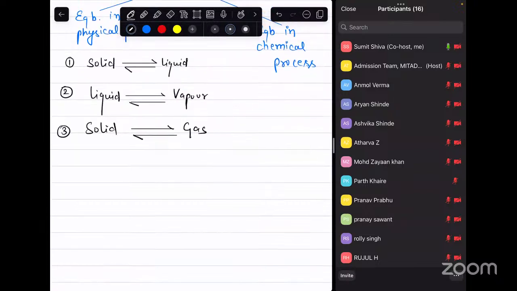Yes. Could someone tell me what is the name of the process in which a solid gets converted into liquid? Anyone? Solid is converting into liquid. What will you name it? What is the name of the process?